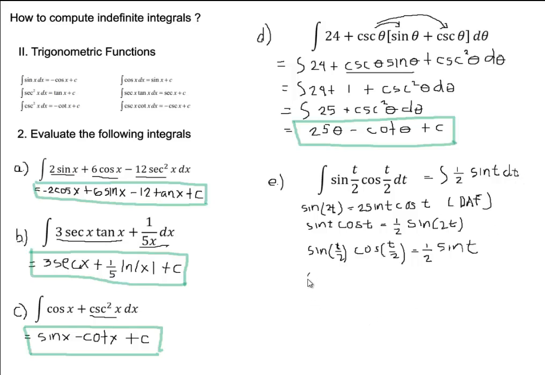And the integral of 1/2 sine t dt is equivalent to, integral of sine is negative cosine, so therefore negative 1/2 cosine t plus C. And that's it.